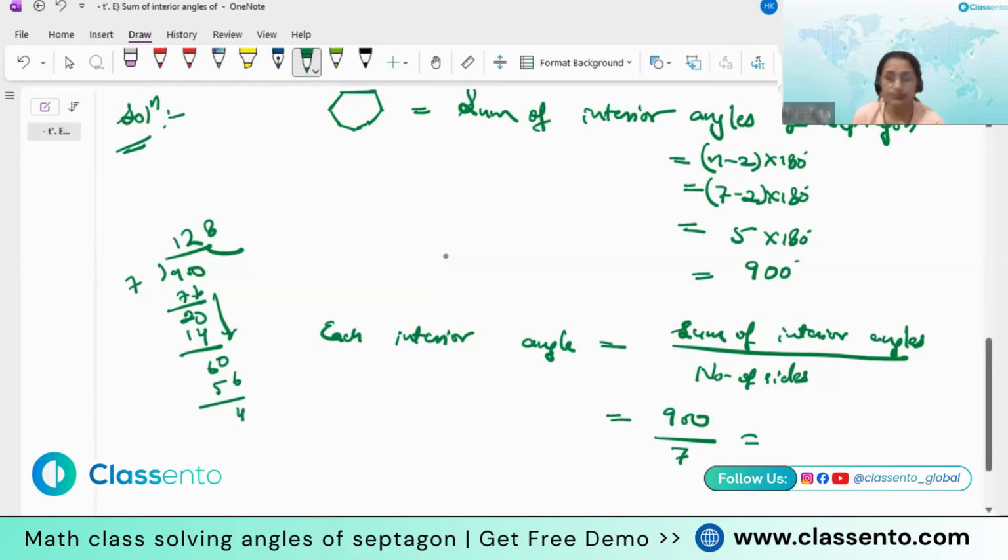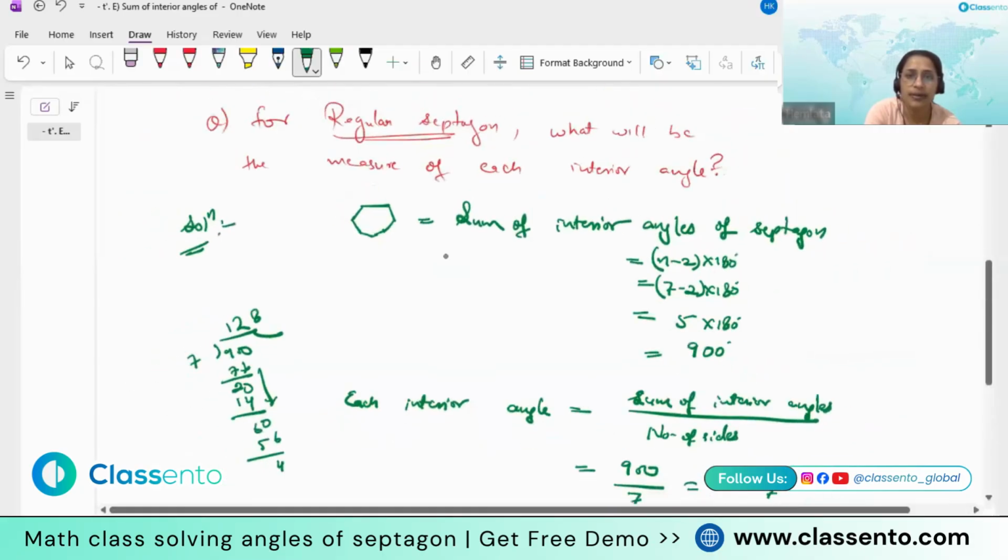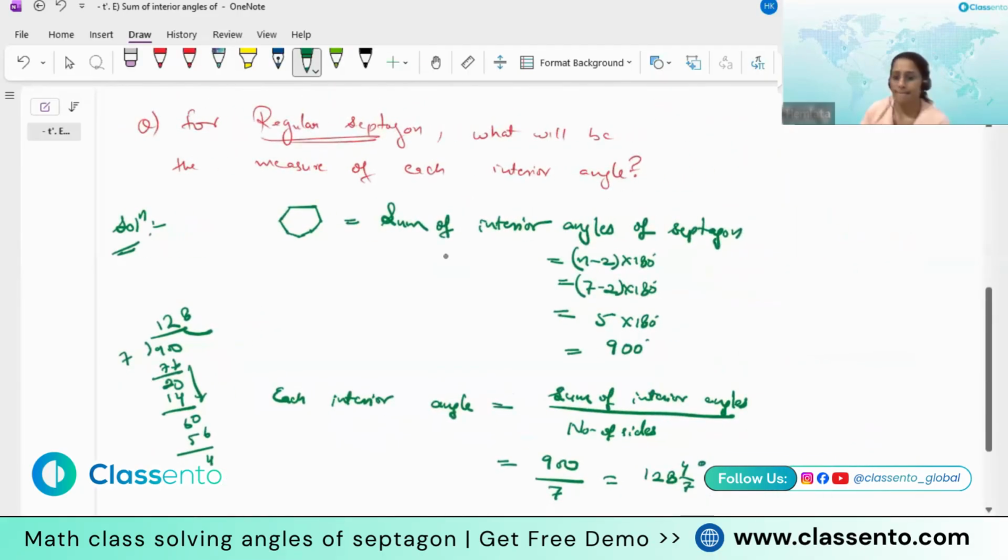So this will be 128 and 4 upon 7 degrees. Am I correct? Okay. You can note it down, Ishan. Note down this question.